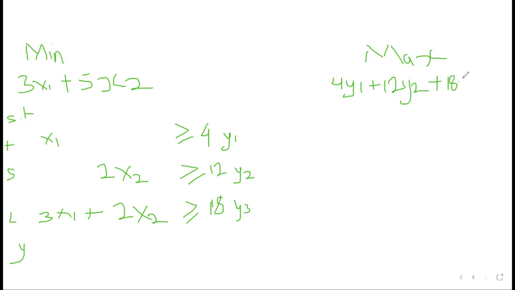Now this will become our objective function. And then the objective function here will now become the right-hand side of this problem. So the right-hand side, we know we are going to have only two, that will be 3 and then 5.